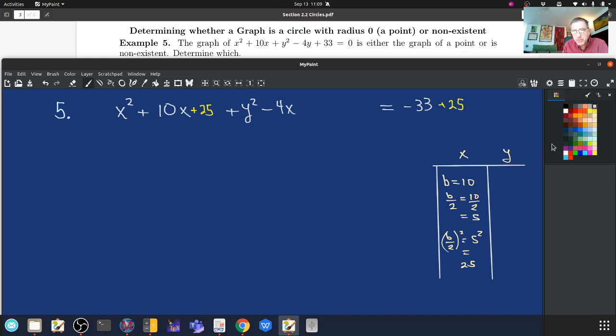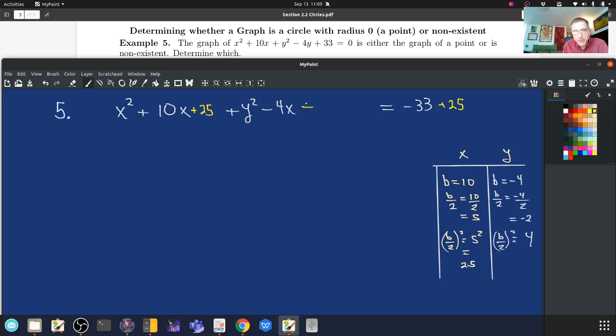Now let's repeat for the y side. So my b for the y side is equal to minus 4. That means my b halves is equal to minus 4 divided by 2, which is equal to minus 2. So that means my b halves squared is equal to minus 2 squared, which is equal to 4.